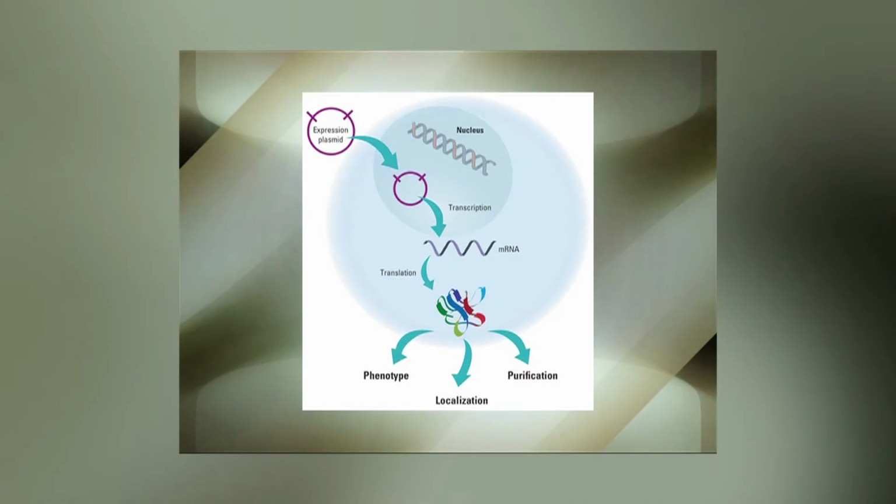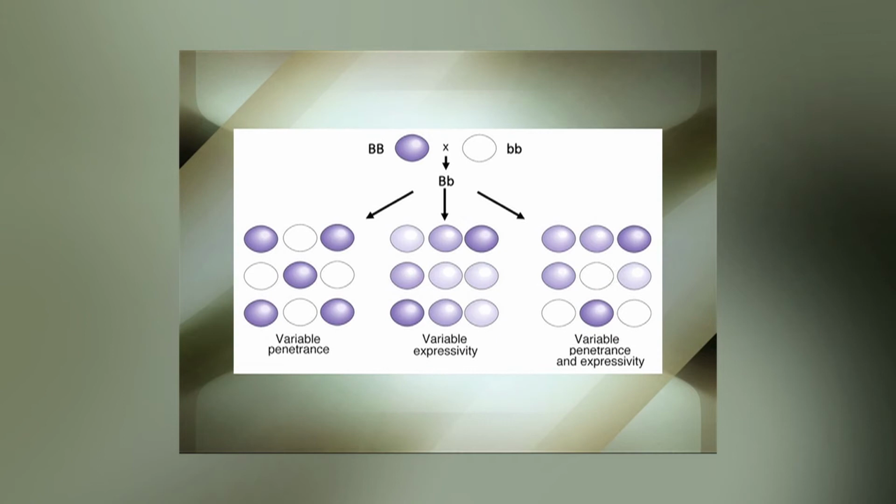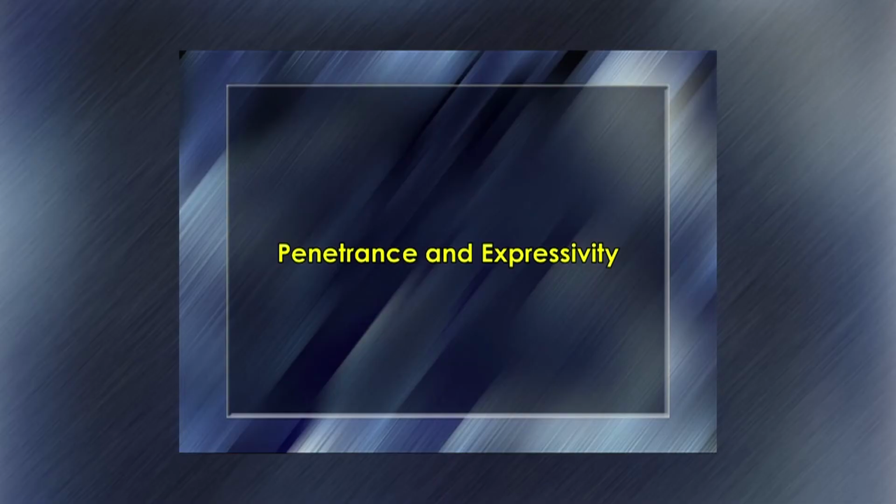There are other problems that often complicate pedigree analysis, including variation in gene expression, the degree of phenotypic expression, called penetrance, and traits controlled by alleles that are common in the population. Now, before moving to molecular pedigree analysis, let us briefly discuss penetrance and expressivity. The terms penetrance and expressivity define two different aspects of phenotypic variation.